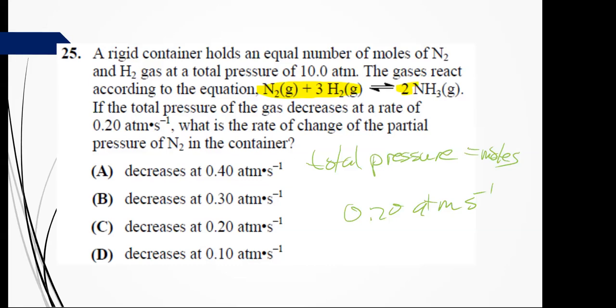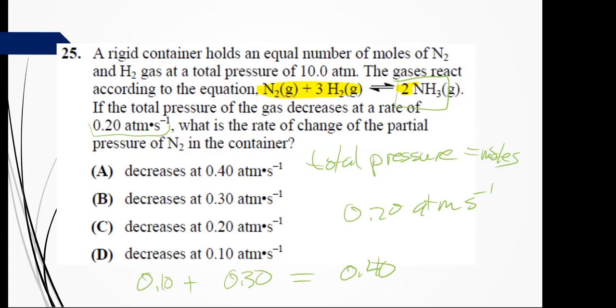So if this is going down at 0.2 atmospheres, that means that we're making this one at a rate of 0.4. If that's being made at 0.4, then our H2 is at 0.3 because of its stoichiometry ratio, and our N2 is 0.1 to get that difference.